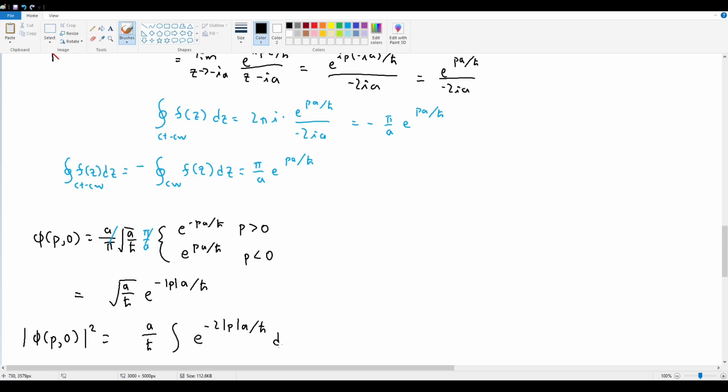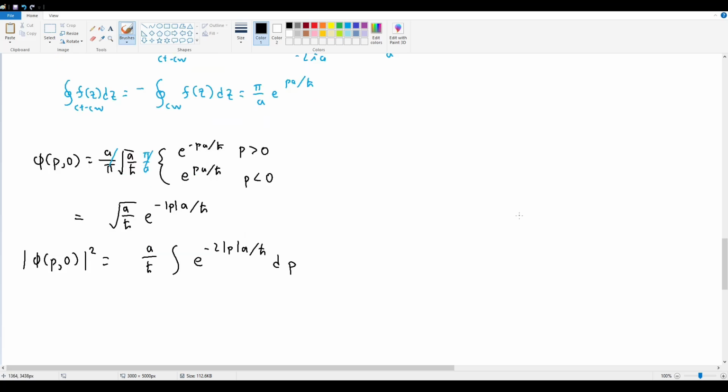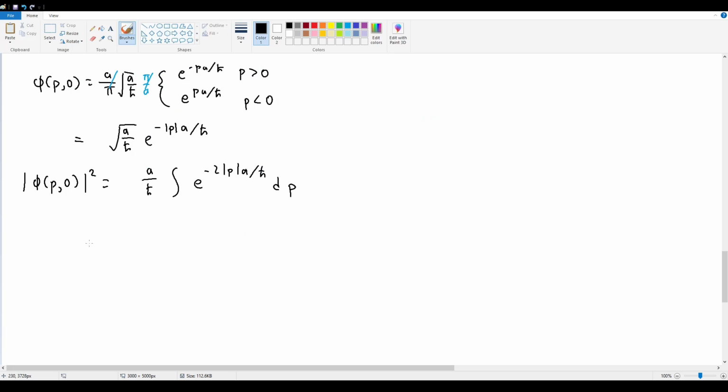So in that case, we can once again split this into two integrals to get rid of the magnitude term. So this is equal to a divided by h bar, from negative infinity to infinity. So we can divide this into one integral from negative infinity to 0, where p is always negative, and the negative here has to be retained, and ultimately the p here is going to come out as positive.